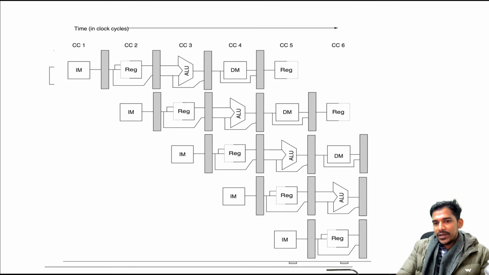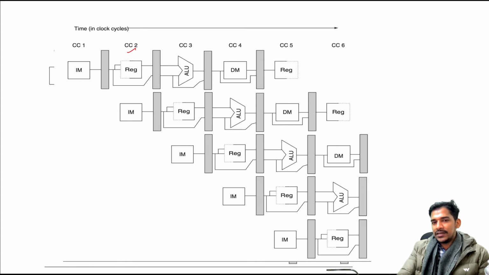There will be a very good benefit of these delays, these registers, or you can say buffers between the stages. When you fetch the instruction from the instruction memory, you put it into this particular buffer. Then you take the instruction from this buffer and start decoding it in the second cycle. Then you access the operands from the registers and put them into the buffer.